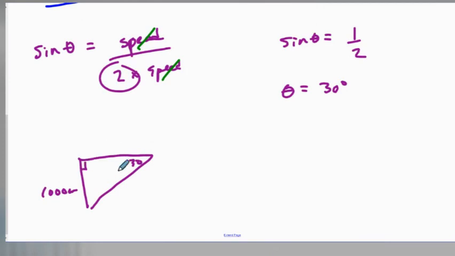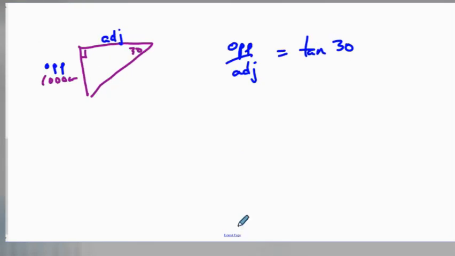We have a right angle here. This looks like my adjacent side. This looks like my opposite side. And I know that the opposite over the adjacent is the tan of my angle. So I would be able to go 1,000 meters divided by the tangent of 30 degrees equals my adjacent.